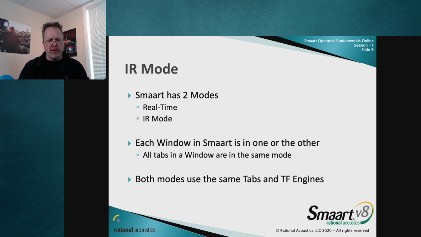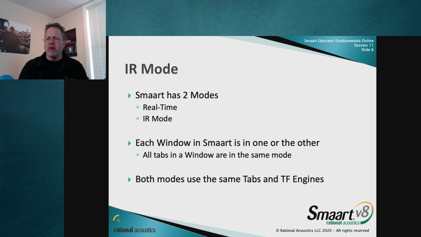Whereas IR mode follows much more of a post-process idea. Let's get a really good measurement and then let's dissect it. I call it acoustic consultant mode. We're going to take the time to get a really good measurement, and then we can dig into that and do all sorts of things to see what's going on, not just with the system, but what's going on in the room.